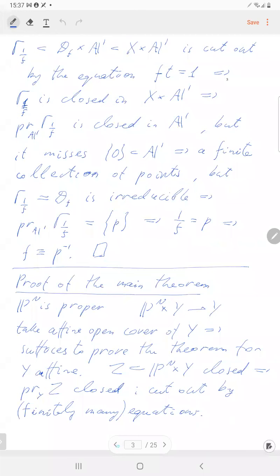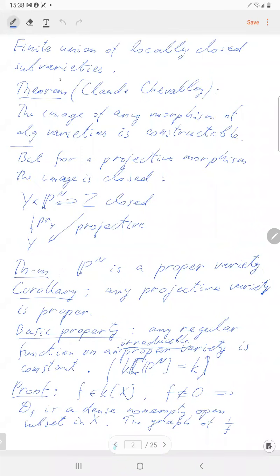So where was this main theorem? Even before, yeah.